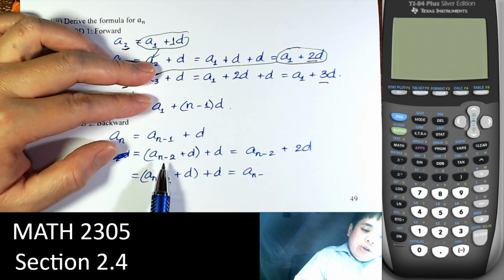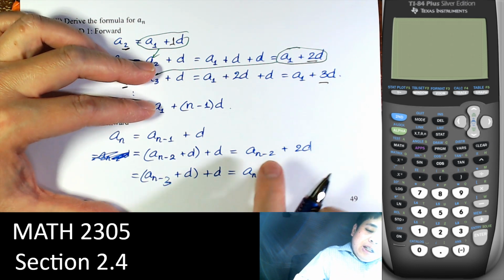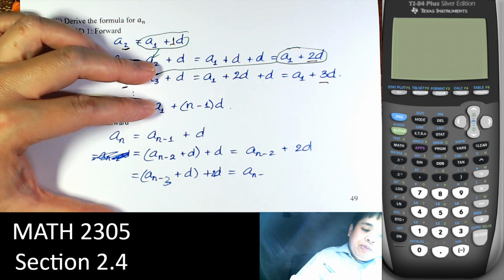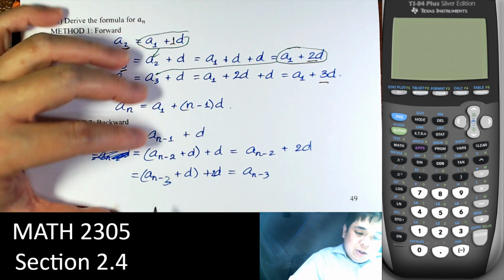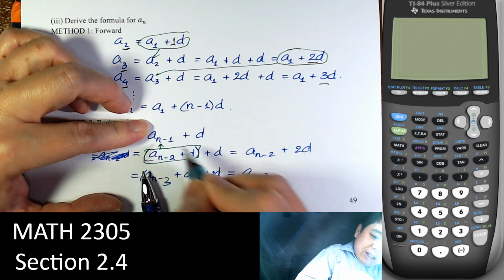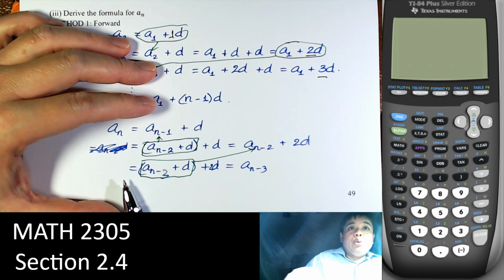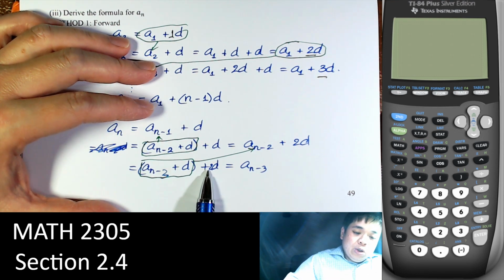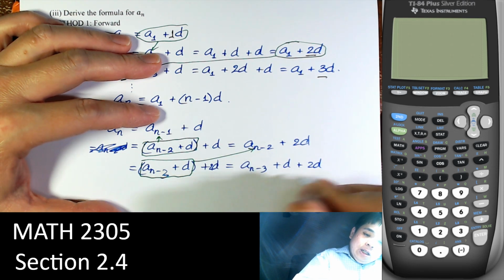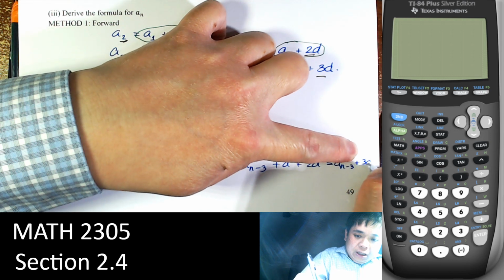Now we substitute this into this one, and that's the 2d here. So A of n minus 3 plus d plus 2d, so that is A of n minus 3 plus 3d.